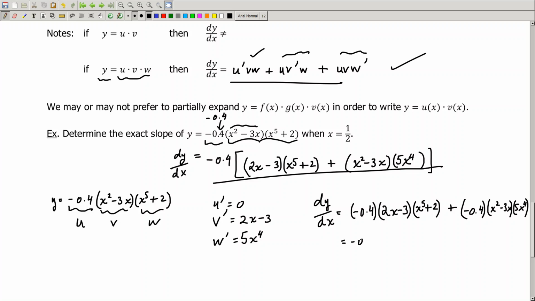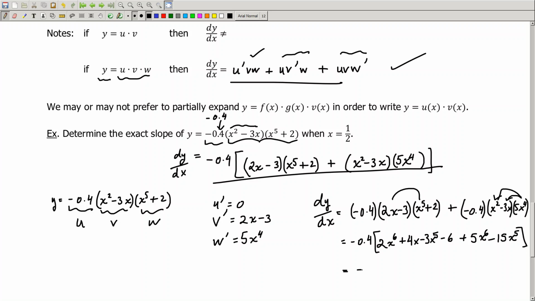So now what we have to do is FOIL. Before I do that, I'm going to factor out a common factor of negative 0.4. So I factored it out here. So I'm going to do FOIL. Let's do this. So 2x to the 6 plus 4x minus 3x to the 5 minus 6. And then it's just a straight distributive property. So you go 5x to the 6 minus 15x to the 5.